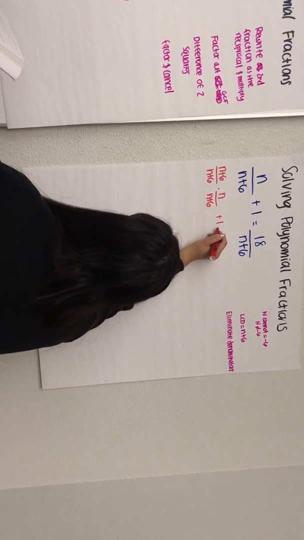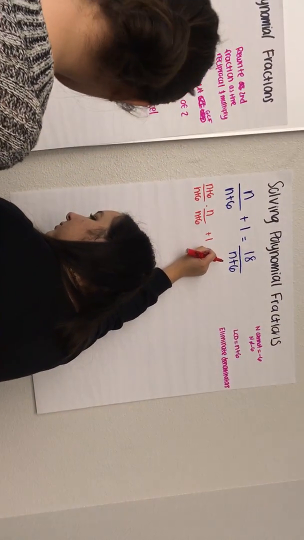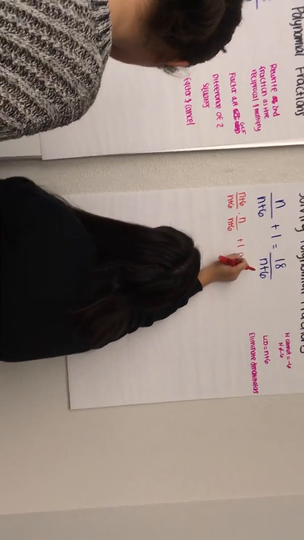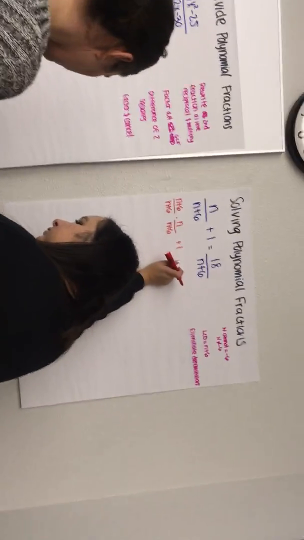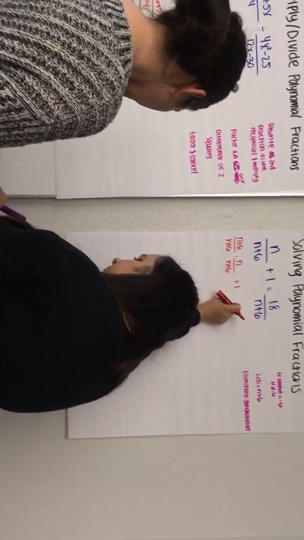And then we multiply this one by n plus 6 too. What does it say? Does it say everything or just what is it? Well, what is it doing in the example? Sides of the equation. So this would count, right? You check the example and you tell me. Yes. Where do you see that happening?